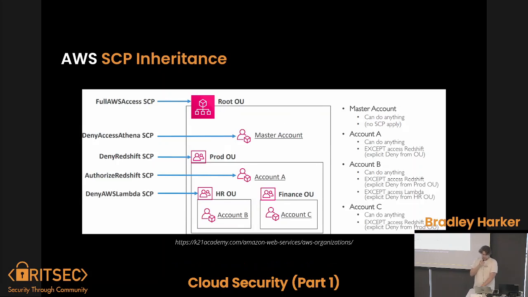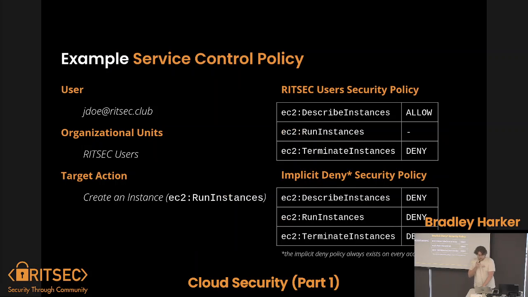Like I said, SCPs can be inherited. Here's a quick example of how the inheritance works. It's a little bit of a complicated diagram, but this is the best one I can find. So running through a quick example, we have a user, John Doe. He's in the RITSEC users account, or OU, and he wants to create an EC2 instance. So we have a policy that's applied to the RITSEC users organizational unit, and then we have our implicit deny.